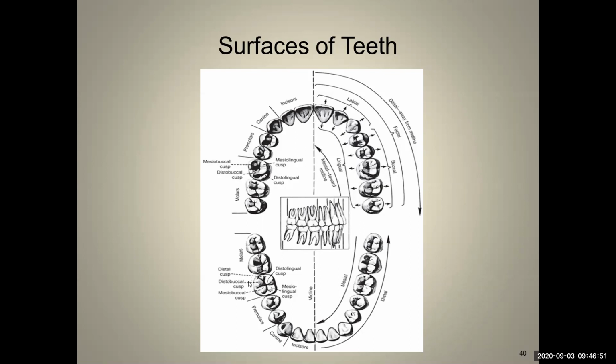And then when we're talking, look on this lower left here, the lower left first molar. We're talking about specific parts of the cusps. We've got the mesial buccal cusp, towards the front, versus the distal lingual cusp. The distal is towards the back and it's on the lingual surface. So each cusp has its own name depending on the location.